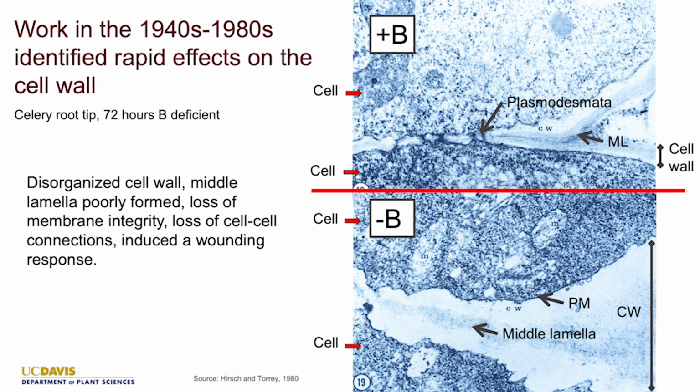So you can go back into the 1940s, and I tell my students this all the time, that there is information of value beyond the age of the internet and lots of clues. So what we're seeing here is some microscope images done in the 80s. And in the top screen are some celery roots that have been grown in the presence of boron.